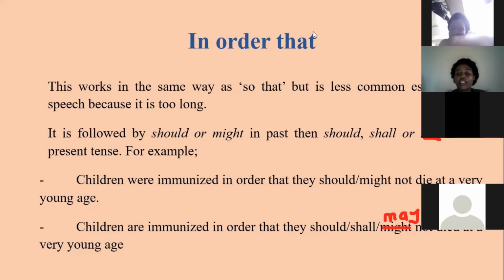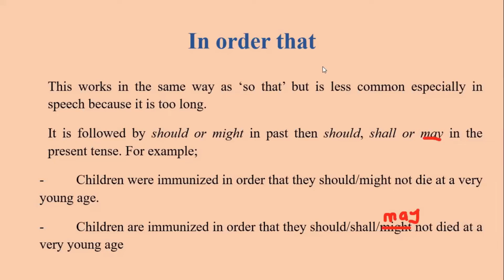Great. So we say, "Children are immunized in order not to die." So "in order that" can be shortened to "in order to" in the positive, and "in order not to" in the negative. That is how short you make it if you want to use it.